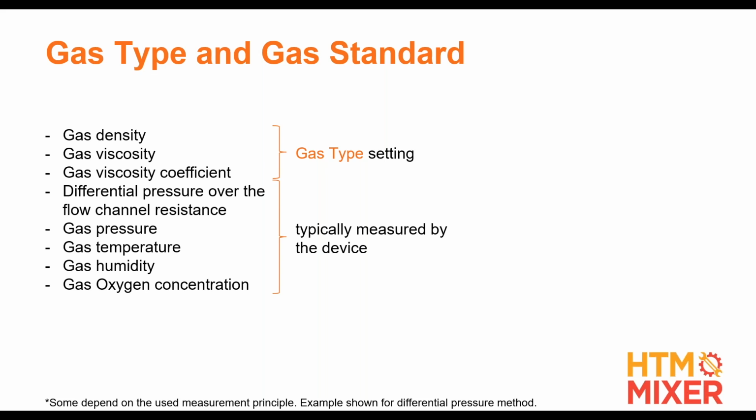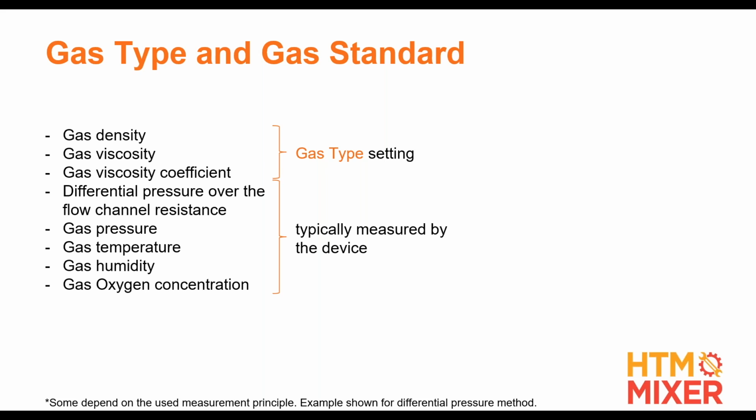The other things like differential pressure, gas pressure itself, temperature, humidity, and again, oxygen concentration, those are all typically measured by the device. Okay, you don't have to go in and set that. On some, you might have to tell it how much oxygen's there, as I said before, for gas type. You might have to say, oh, it's 100%.